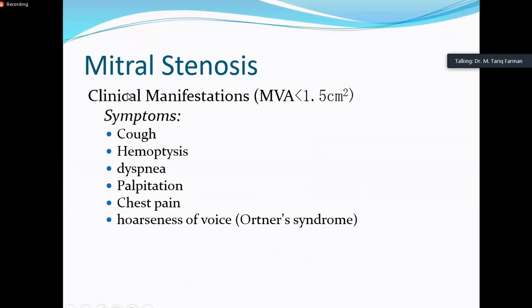Now, the usual clinical manifestations are cough, hemoptysis, dyspnea, palpitation, chest pain, and hoarseness of voice.